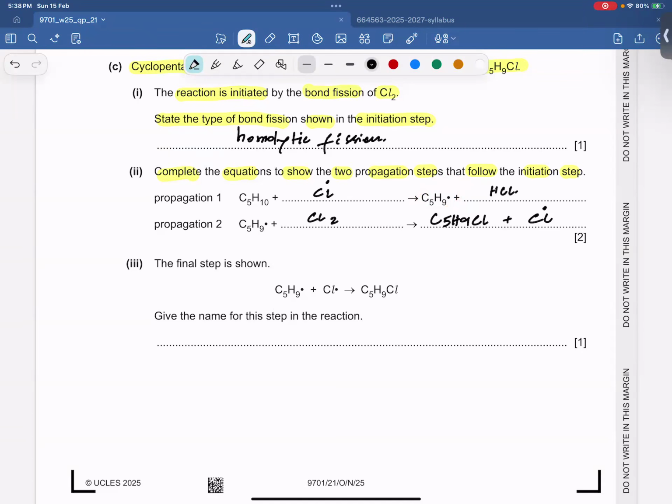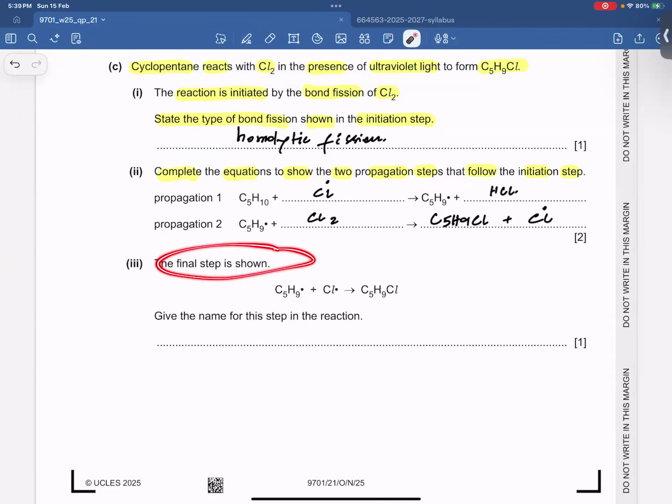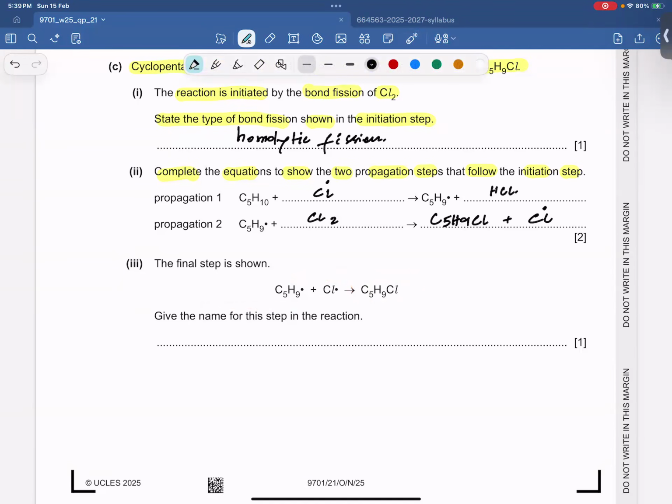I hope it makes sense to you. We have done a lot of practice regarding these propagation steps. The final step is shown. This final step is going to be the chain termination step. When two radicals join together to form a covalent bond, that means chain termination takes place. So the name of this step is going to be chain termination.